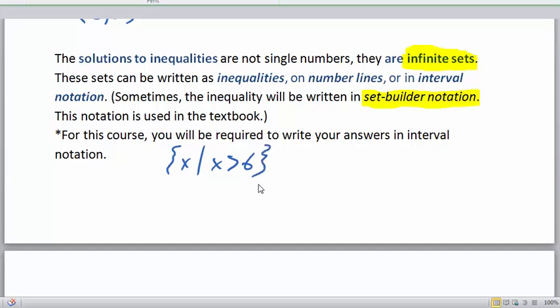And then they'd write the inequality after that and then close the set braces. So really, it's just a matter of leaving your inequality, but just writing it inside these braces and then preceding it with that x and the vertical line. Right? I mean, the way that would be stated, if you saw this, what would you say? You would say the set of all x such that x is greater than 6.